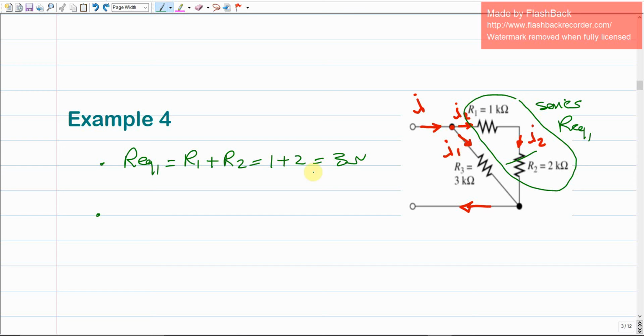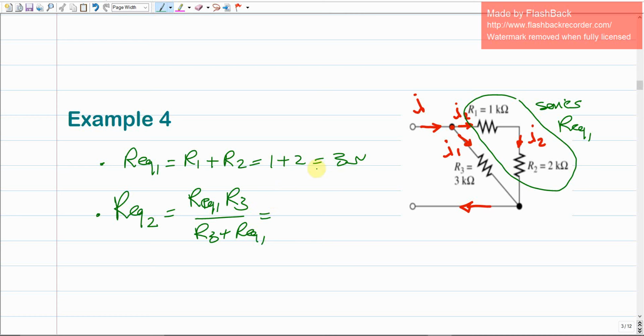So what does it mean? It means that we're going to have one more R equivalent, which is going to be R equivalent 2. This R equivalent 2 should be R equivalent 1 times R3 divided by R3 plus R equivalent 1. Their multiplication divided by their sum.